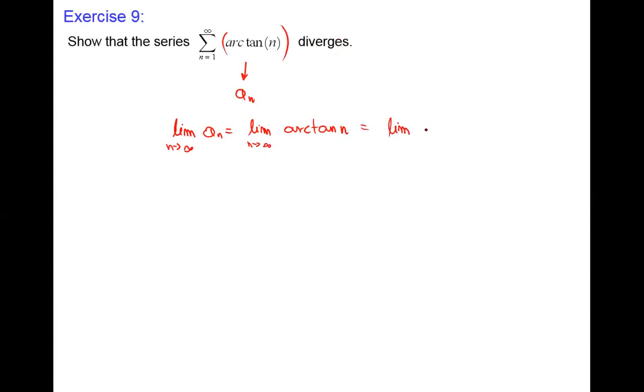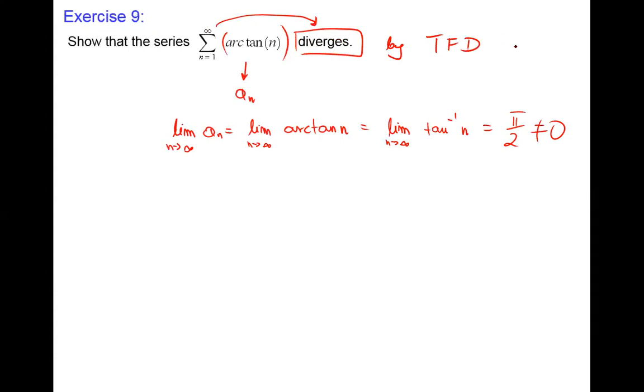Actually, I can rewrite it for you, it doesn't matter, inverse tangent of n. Do you know how inverse tangent behaves at infinity? Of course, thank you. Pi over 2, different than 0. This infinite series diverges by the test for divergence, because the limit is different than 0.